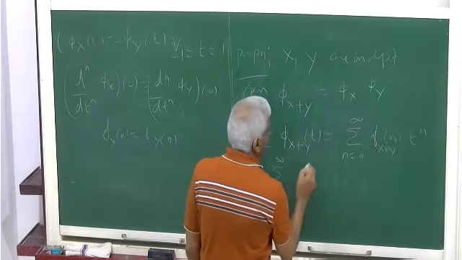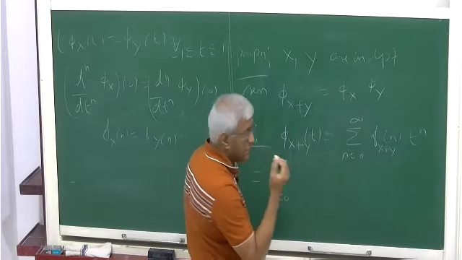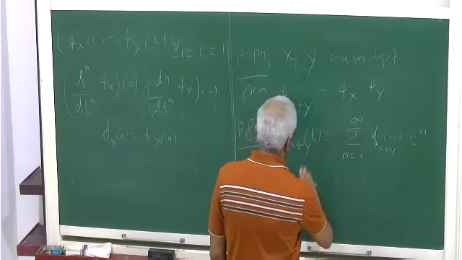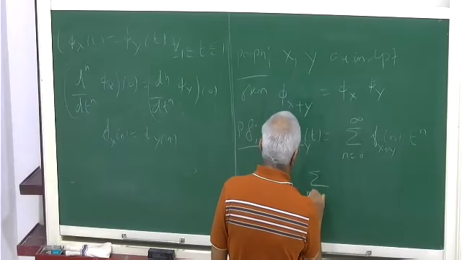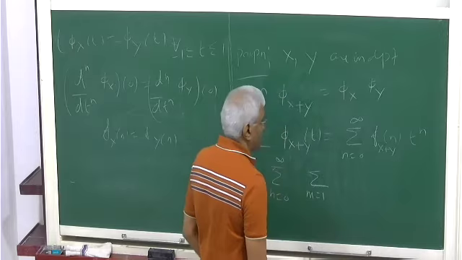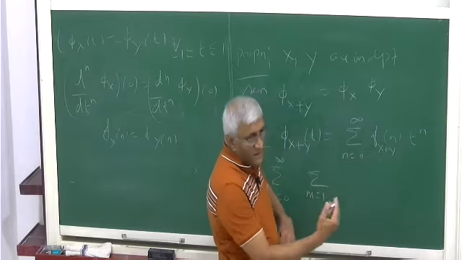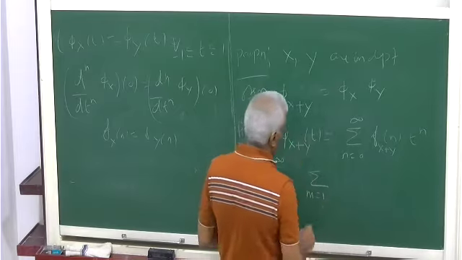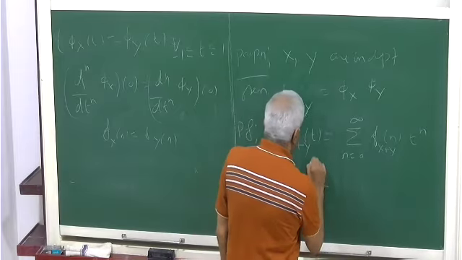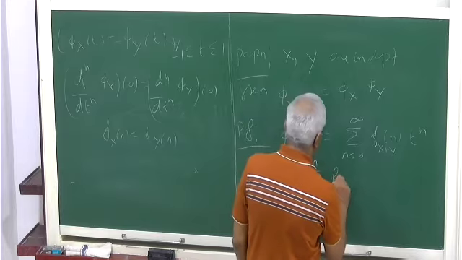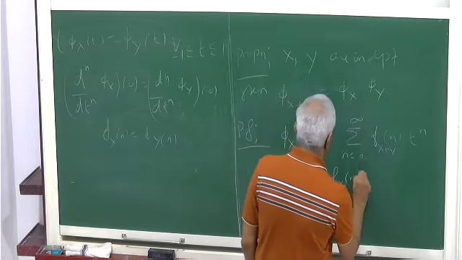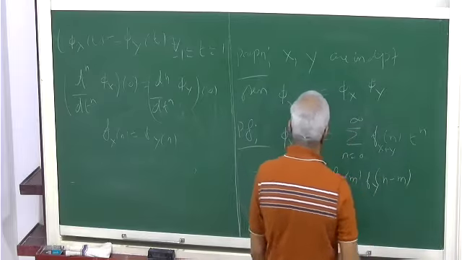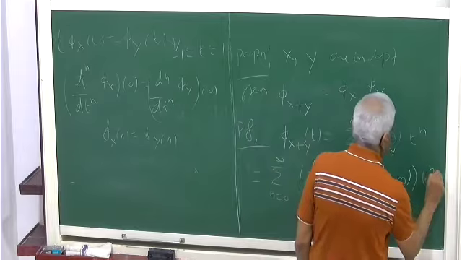It is just the convolution product: the summation over m equal to 1 to n of fx at m times fy at n minus m. Then the whole thing times t power n.